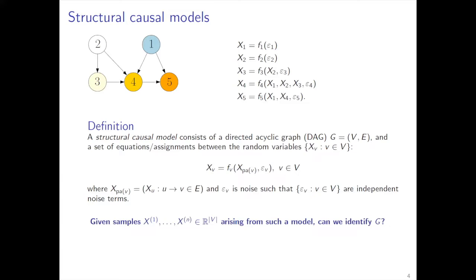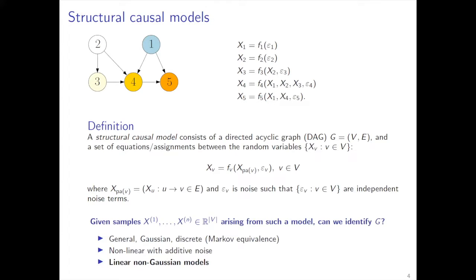Given samples from such a model, imagine that you somehow get samples from this model. So these x1 up through xn are vectors lying in R to the V that come from this model. Can we identify the graph G? Just like before, if you ask 1,000 people about their behavior and symptoms, can you tell what causes what? In general, if you assume nothing about the model, you cannot learn the graph precisely.